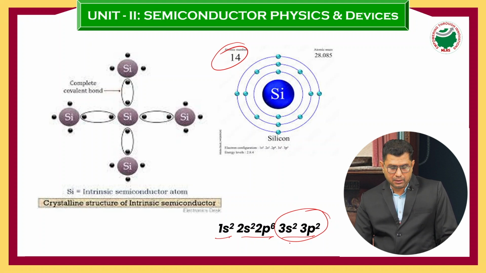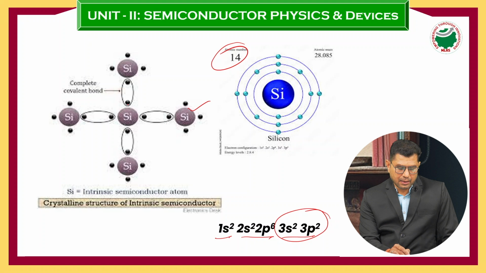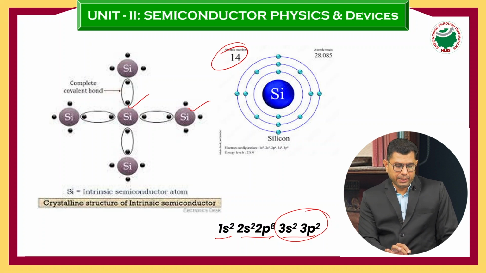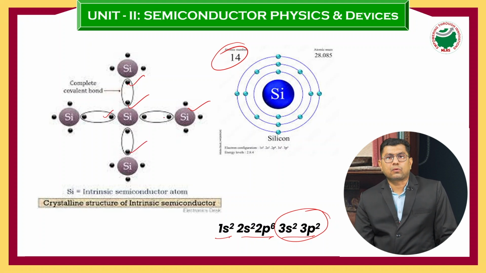That's why silicon shares electrons with neighboring silicon atoms. Sharing of electrons causes the formation of a covalent bond. Here, an individual silicon is sharing its 4 valency electrons with 4 neighboring atoms, so 4 covalent bonds are formed.